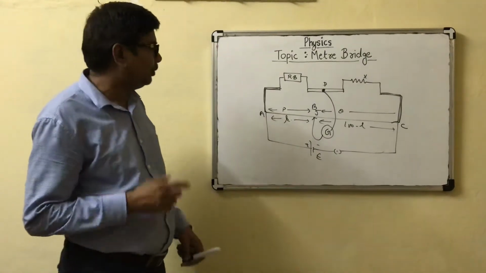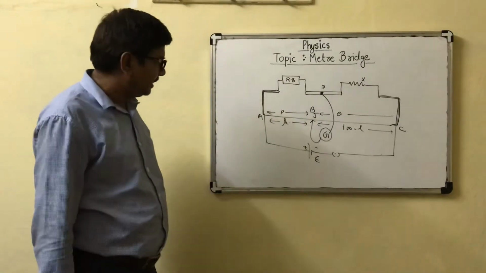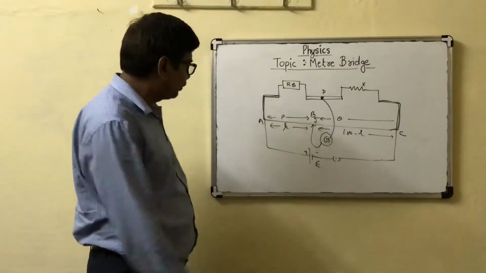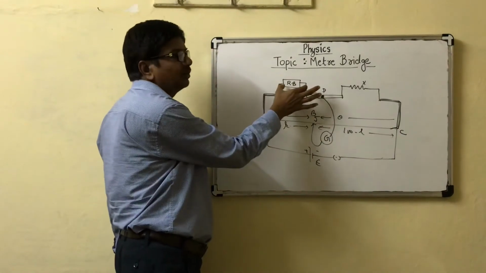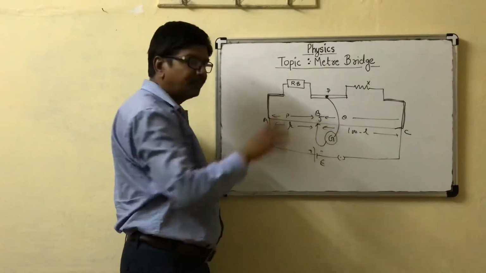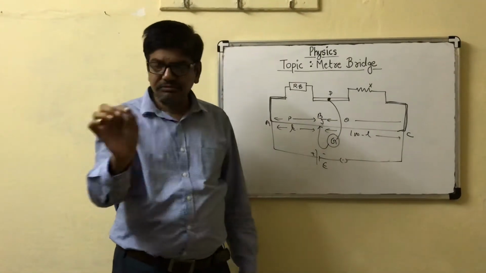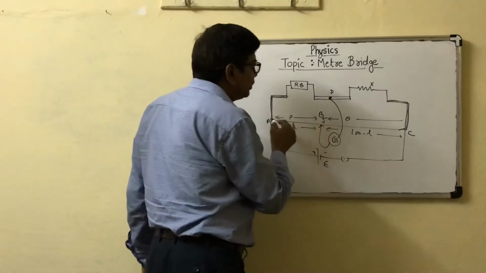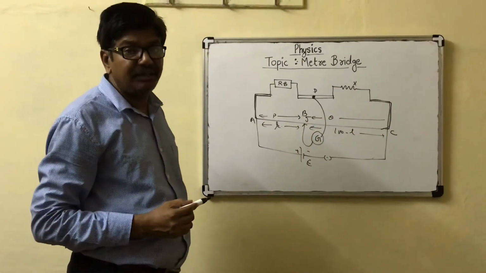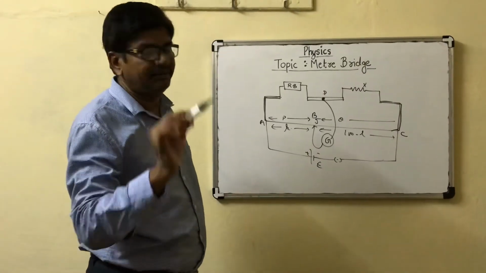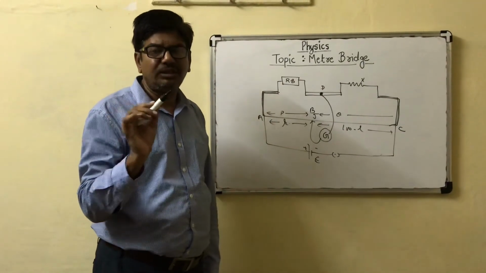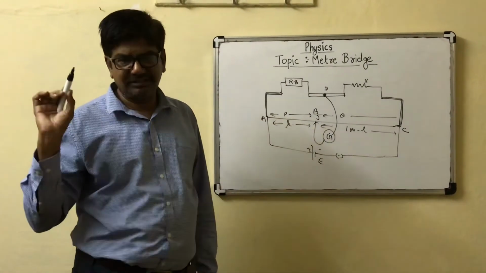Now we have to calculate unknown resistance. After taking out a suitable resistance from the resistance box, this is the resistance box, the jockey is moved. This is a jockey. Jockey is moved along the wire AB till galvanometer does not give any deflection. It means galvanometer has no deflection, no current flows through this section.